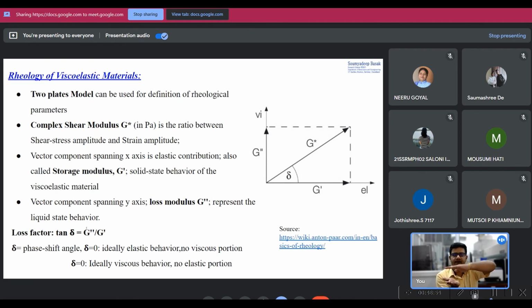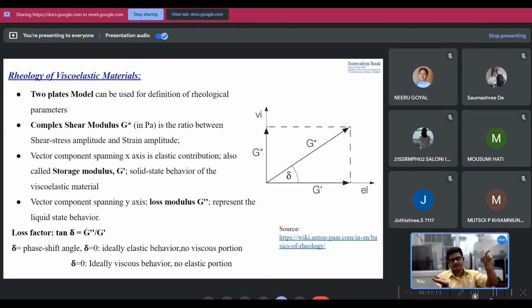It goes to a particular angle, then comes back, and this kind of rotational motion is given to the sample. Now this model can be used for rheological measurement, depending upon this sinusoidal motion and the property of the material.